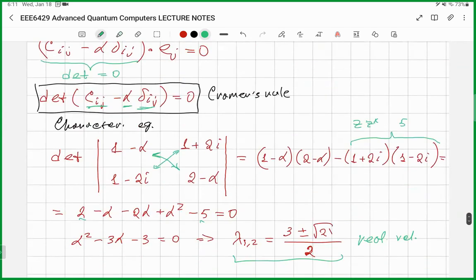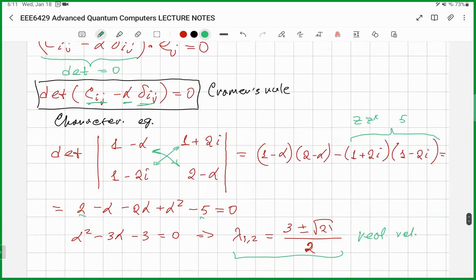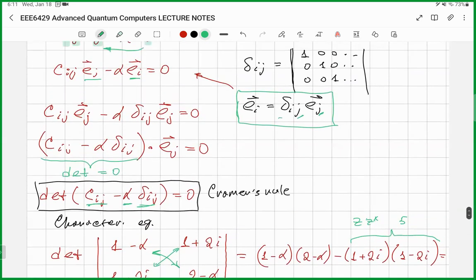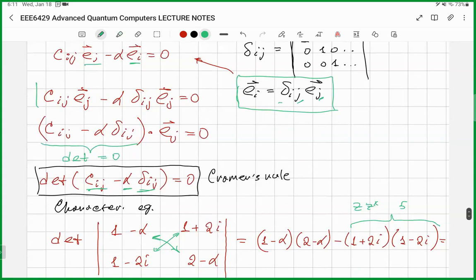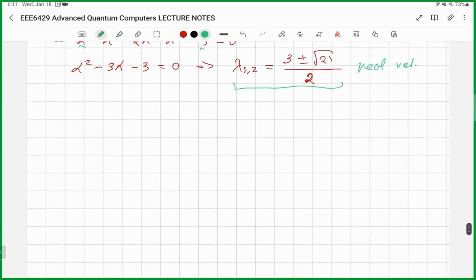For each of these eigenvalues, you put the value into this expression here, and this will give you a system of two linear equations for two unknown elements. You can solve that and find the eigenvectors.